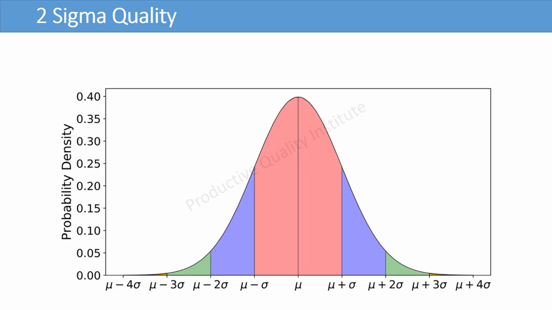For 2 sigma quality, consider the lower specification limit equal to mu minus 2 sigma, and the upper specification limit equal to mu plus 2 sigma. The area under the curve between mu minus 2 sigma and mu plus 2 sigma is equal to 95.45%.